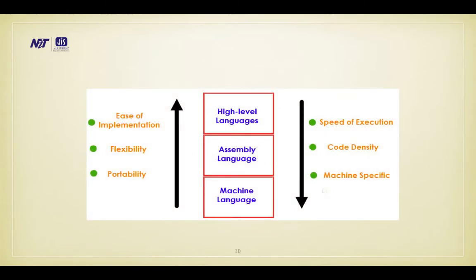Now this is shown here. From the point of view of speed, high-level language is excellent, then assembly language, then machine language. But in case of ease of implementation, flexibility and portability, it is the reverse: high-level language, then assembly language, then machine language.